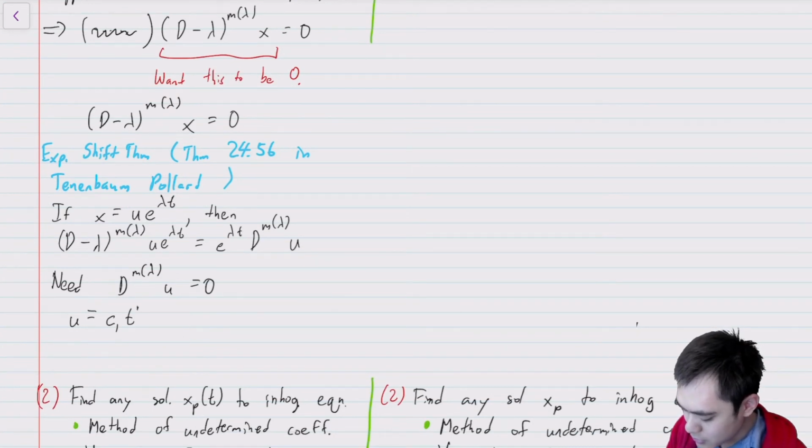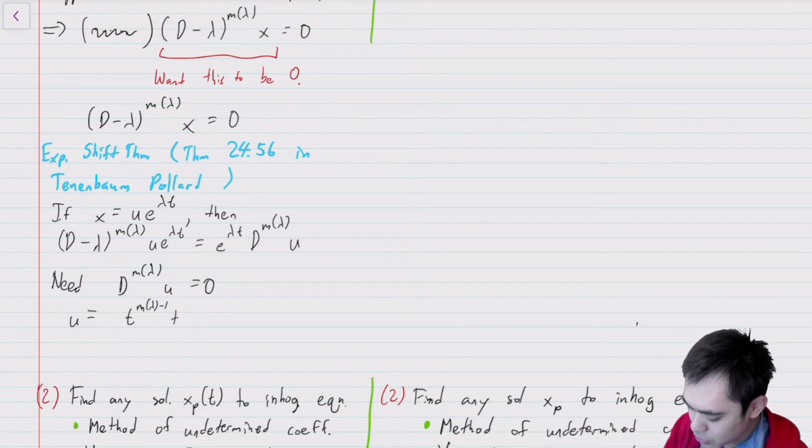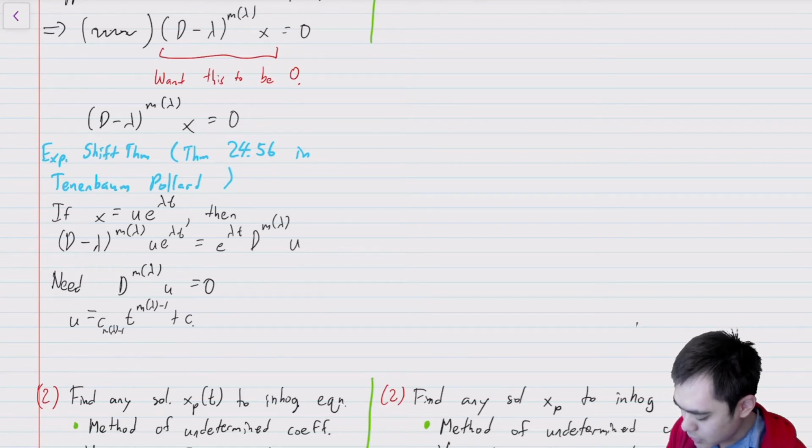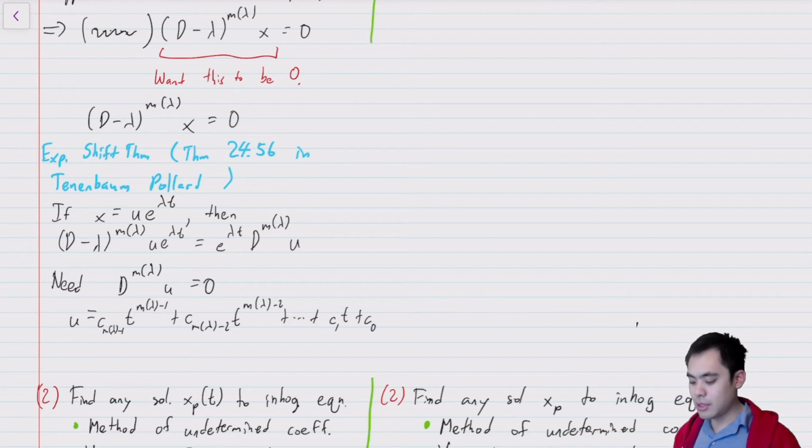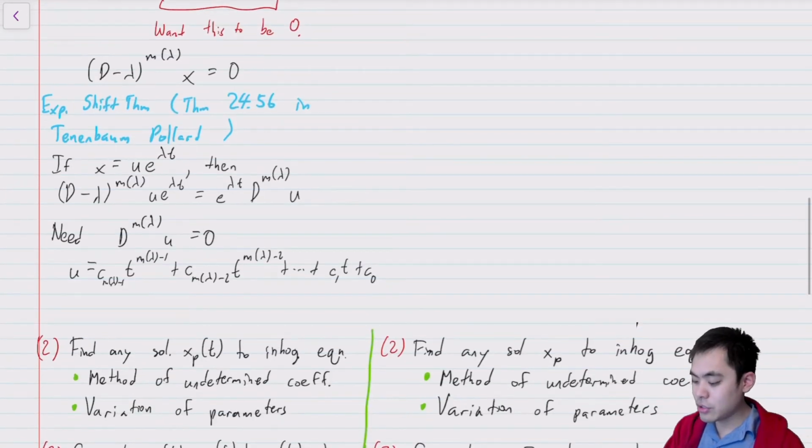Let's say this is t to the m of lambda minus 1, plus, let me change my coefficient slightly, c_(m of lambda minus 1) plus c_(m of lambda minus 2) t to the m of lambda minus 2, all the way down to c1 t plus c naught. And clearly that works because you're just applying the differential operator repeatedly to a polynomial of sufficiently low degree.